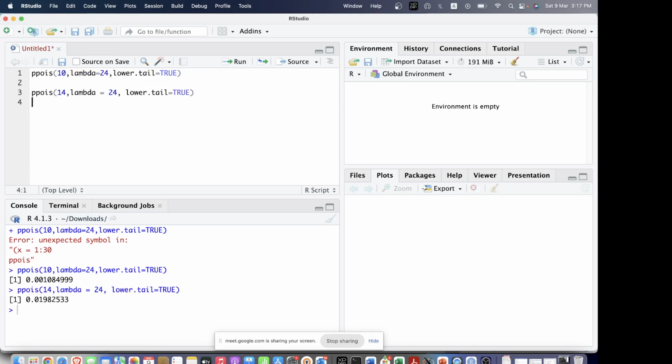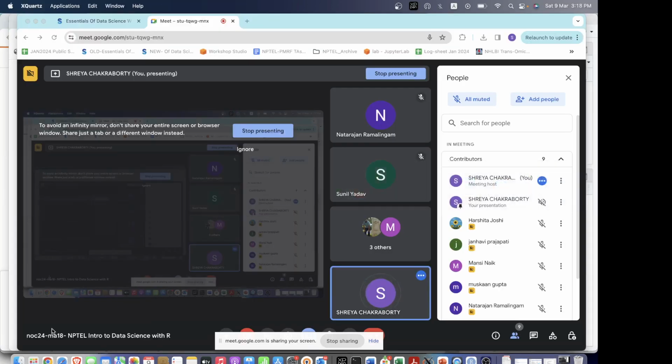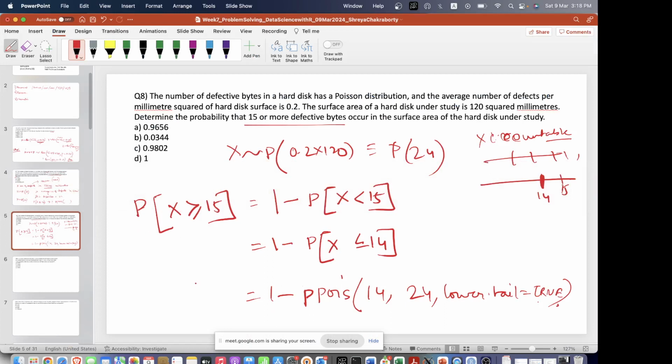This is 0.198, and we are going to do a 1 minus. So the answer should be 0.98.